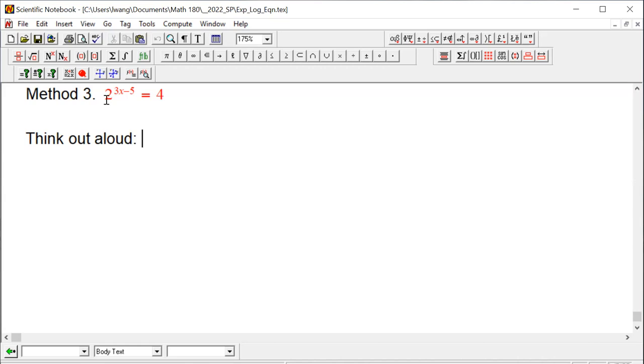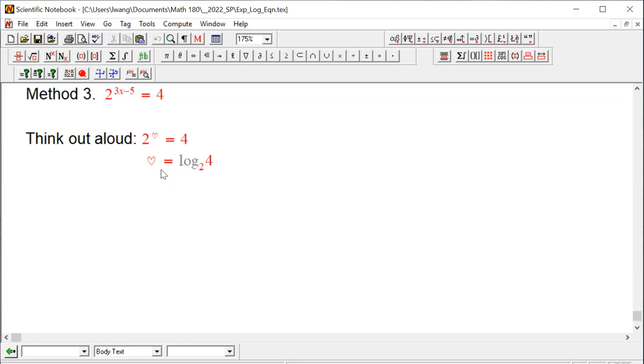What I'm thinking is 2 to this little piece, it's just the heart. So in this sense, I'm using definition, right? So the heart is equal to log base 2 of 4.